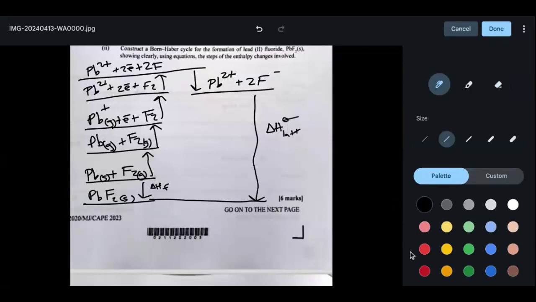So in terms of numbers now, the enthalpy of formation here is negative 664, atomization 195.20, then 716, then 1450, then 79, and then here now it would be negative 328.16 times 2, which is equal to negative 656.32. So it's two fluoride ions here, times it by 2.